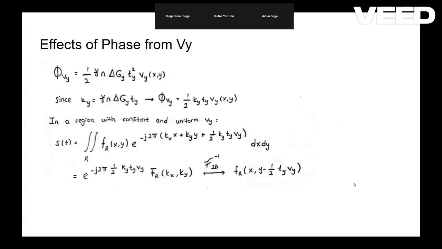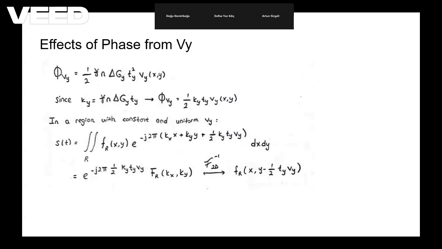So we would like to approximately or intuitively get an idea of what these velocities do in each direction. So the phase caused by the Vy is written here, and we can rewrite it to be a function of ky. But since the velocity is a distribution, each pixel has a different velocity, it's position dependent, so we cannot easily take it out of the integral.